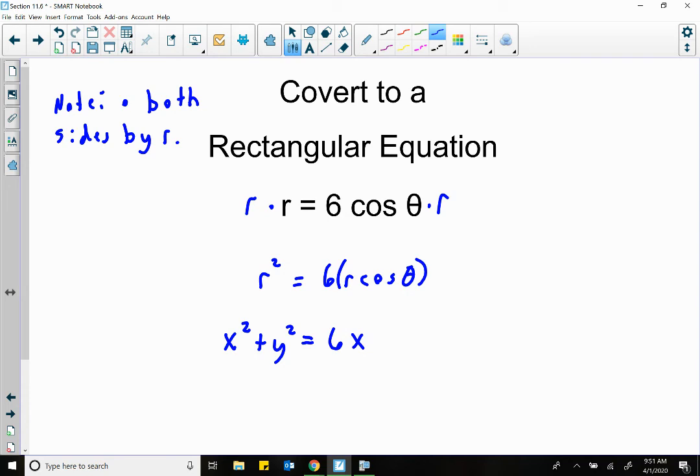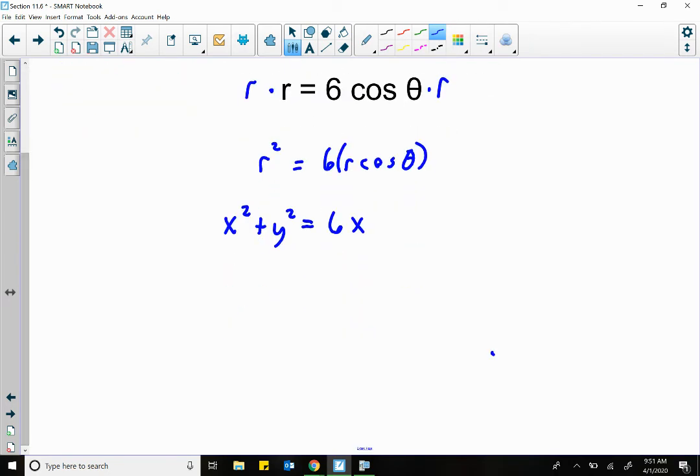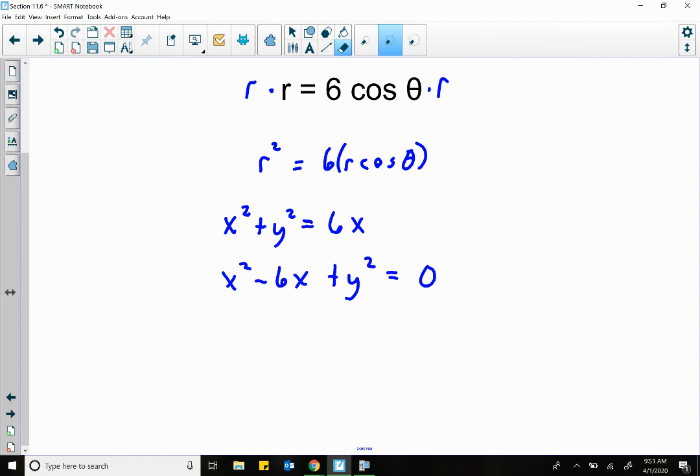That's x. So if we move this 6x over here, this is what we're looking at. x squared minus 6x plus y squared equals 0. So here's our equation, okay, in rectangular coordinates.